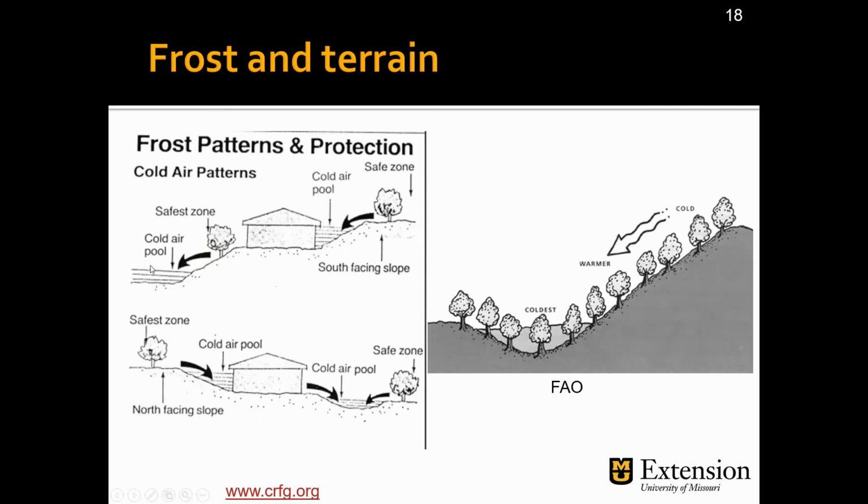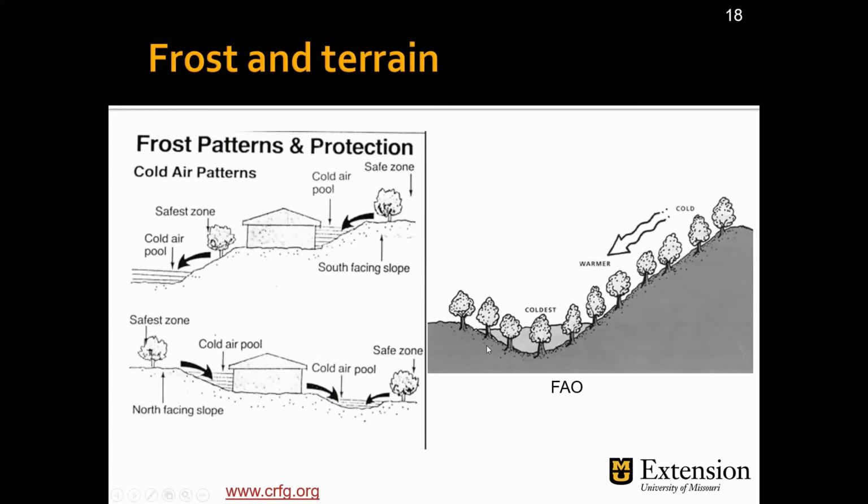If you look at the terrain from the side, like a transversal cut, if you have pockets of air, remember that cool air is denser than warm air. So cool air is going to tend to accumulate at the bottom of these pockets. That means that plants that are planted in these cold pockets are going to have higher damage from frost than the plants that are not exposed to these cold pockets of air.